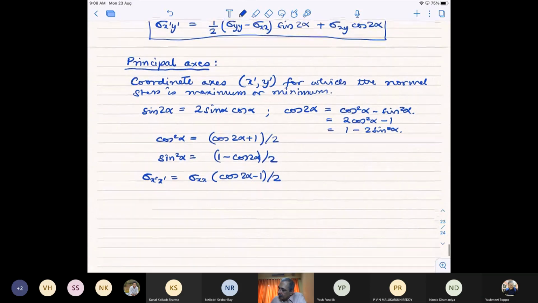Correct. And then for sigma yy also, I'll use the correct formula, 1 minus cos 2 alpha divided by 2. And then the third term is sigma xy into sine of 2 alpha.